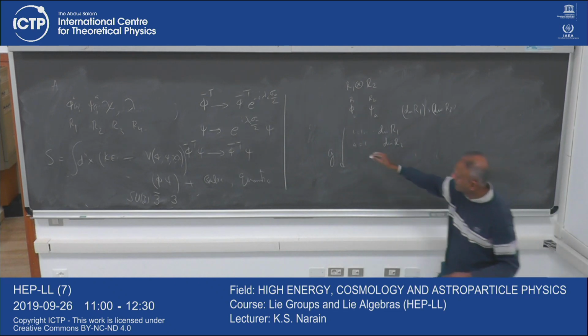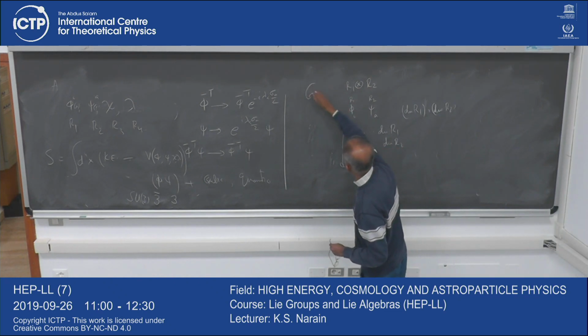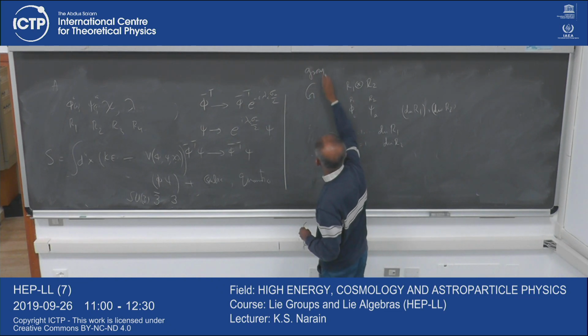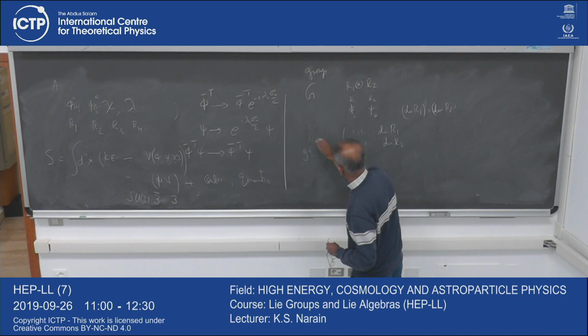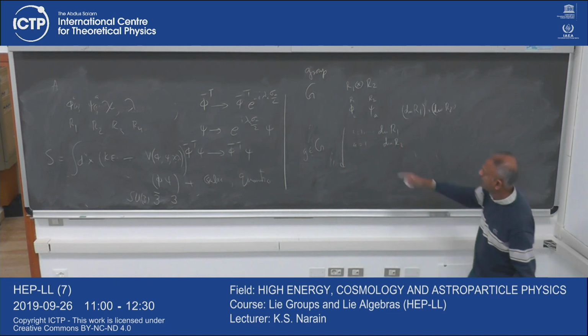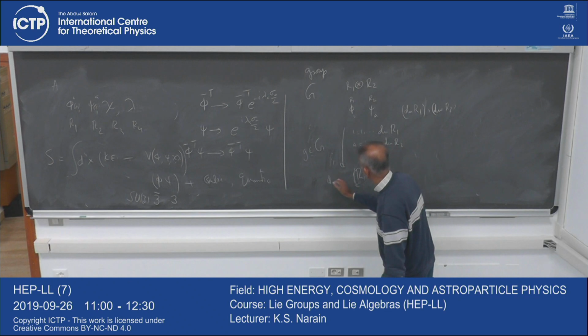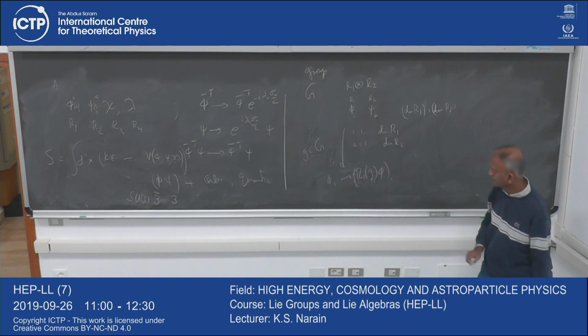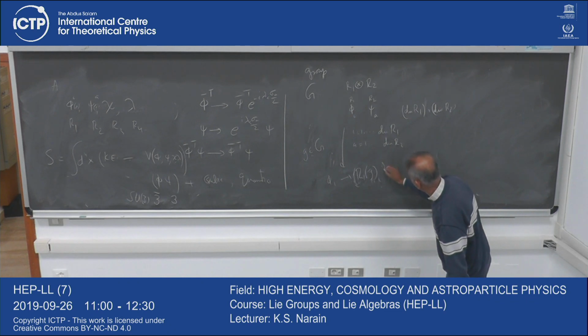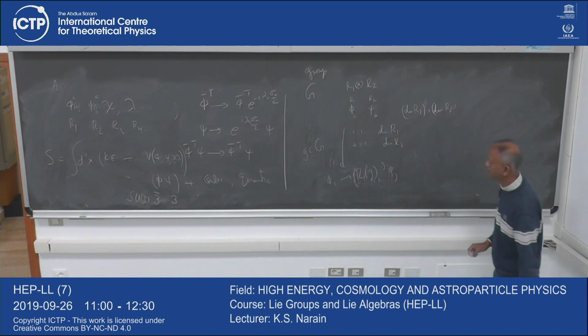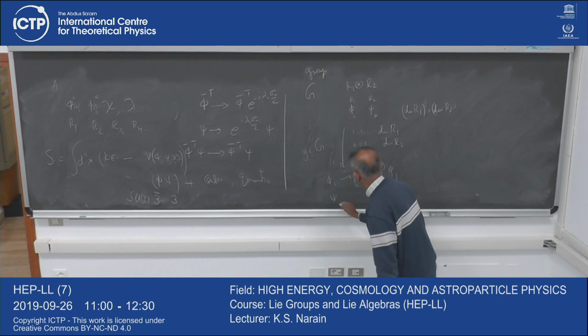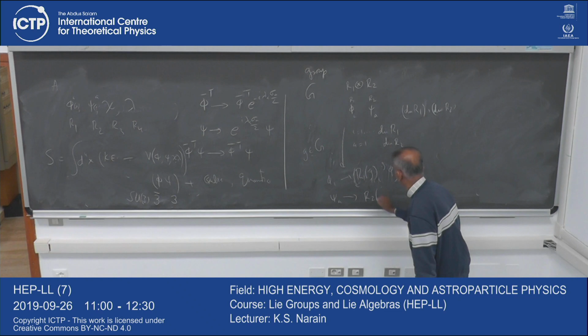We are concentrating on some group, and let's suppose G is an element of capital G. Then clearly phi I will transform to R1(G)_IJ phi_J. And on the other hand, psi_A will transform as R2(G)_AB psi_B.